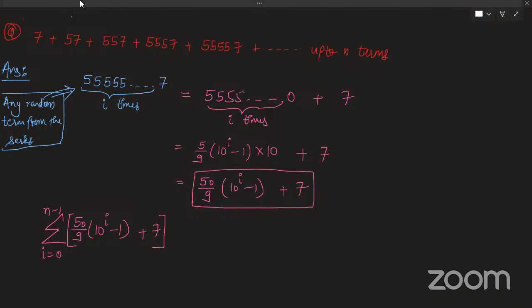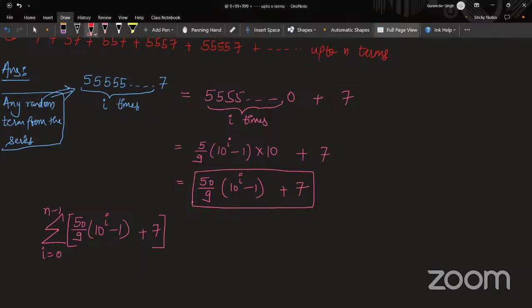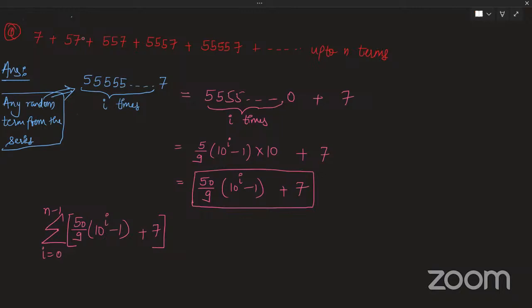Okay, no worries. So just see what we have assumed for our number. When I have taken a random number, I have assumed that it has 5 coming in it i times and then a 7. So if you look at the first number, your first number is only 7.